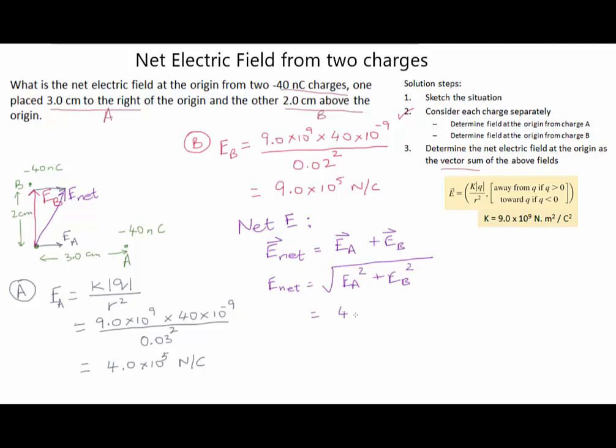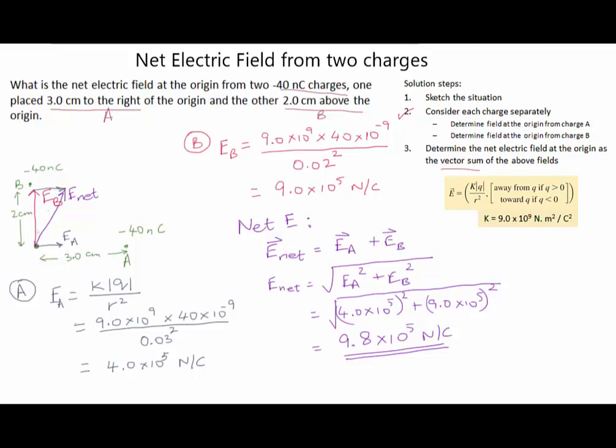So that would be 4.0 times 10 to the 5 squared plus 9.0 times 10 to the 5 squared again. And then you take the square root of the whole thing, which your calculator will tell you is 9.849, or since we have only two significant digits, 9.8 times 10 to the 5 Newton per Coulomb. So that's the answer to the magnitude part of the net electric field.